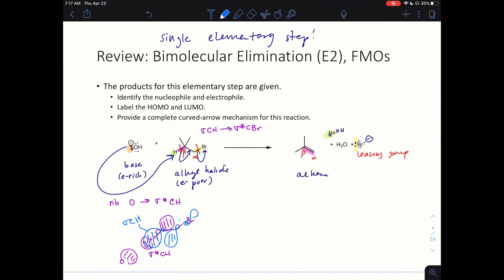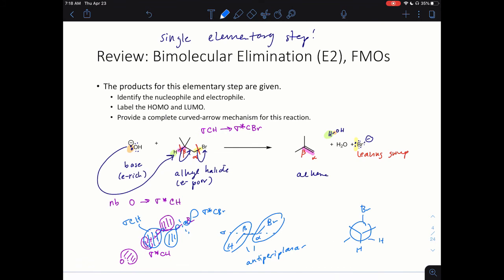And in order for those two orbitals to interact, they need to be aligned. The way for them to be aligned is if the beta carbon-hydrogen bond and the alpha carbon-bromine bond, their relationship in space is called anti-periplanar. So you would imagine if you look down this alpha-beta bond, what you would see, if you drew a Newman projection, will look like this.